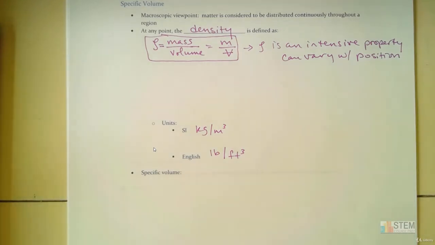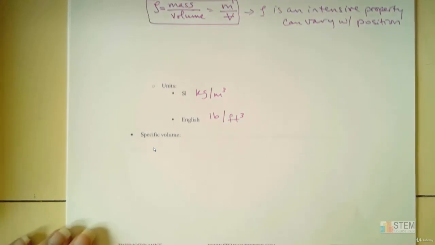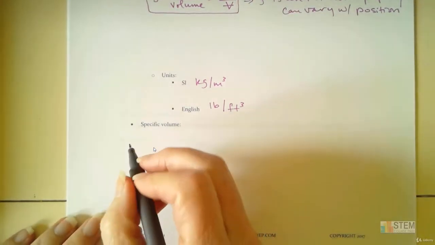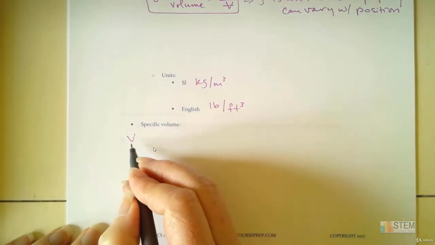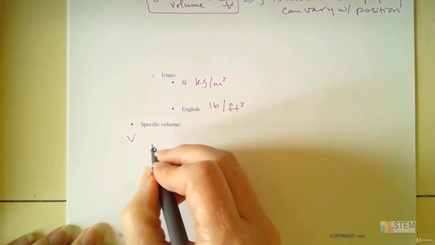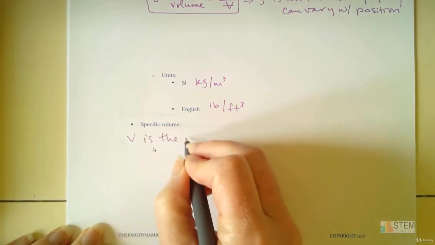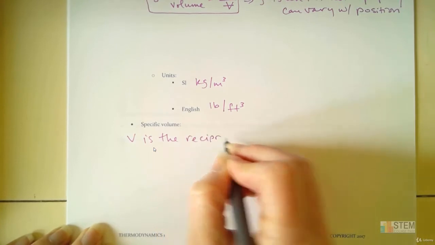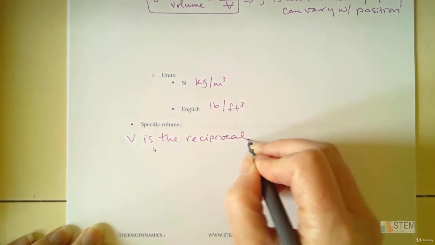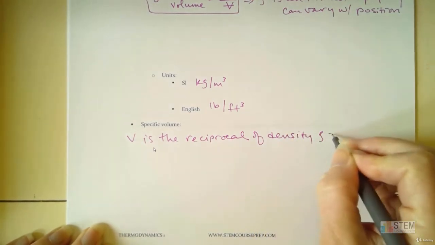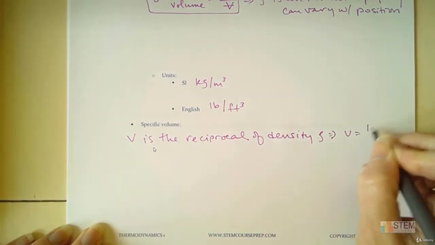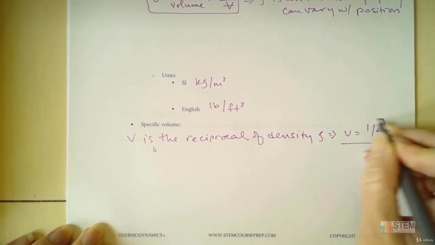Now specific volume, we got to get to specific volume. Specific volume is directly related to density, and that's because specific volume, which is little v, is just the reciprocal of density. That's all it is. So v is going to be 1 over rho.